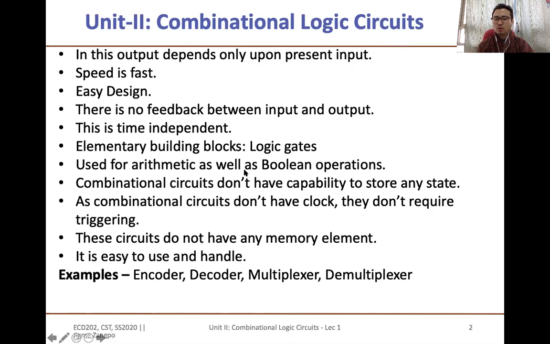Combinational circuits don't have the capability to store any state, which means they don't have memory to store the state. As combinational circuits don't have a clock, they don't require triggering. Since a combinational circuit is independent of time and does not have a clock, they do not require triggering.